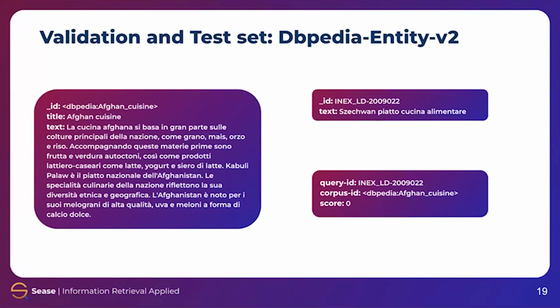And this is an example. Each document comes with a unique ID, a title, and text. The query is on the top right, with an ID and a text, and then the relevance judgments relate the two tables with the query ID, the corpus, and the related score, which tells us if a document is relevant to the query or not.